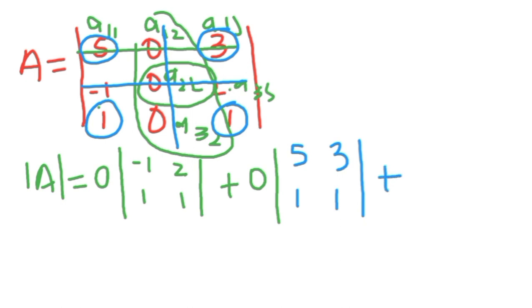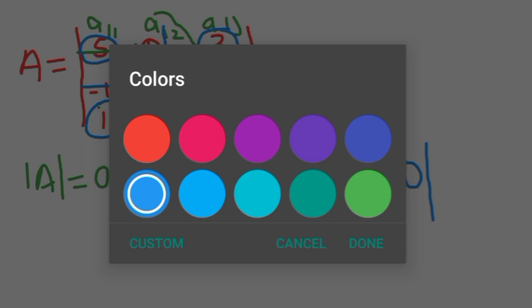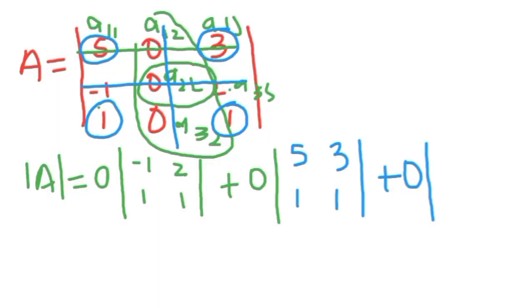Plus we take the third element along the column, that is A32. Our A32 is also 0. So again we delete the row and the column in which the third element appears and take the determinant of the remaining elements.